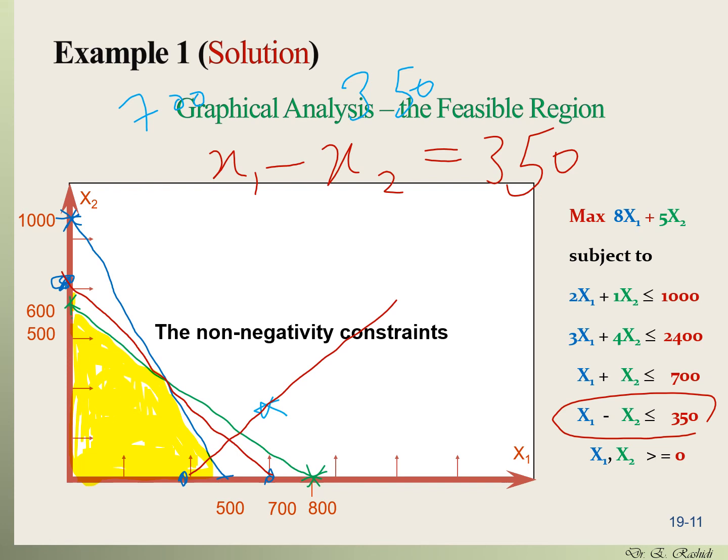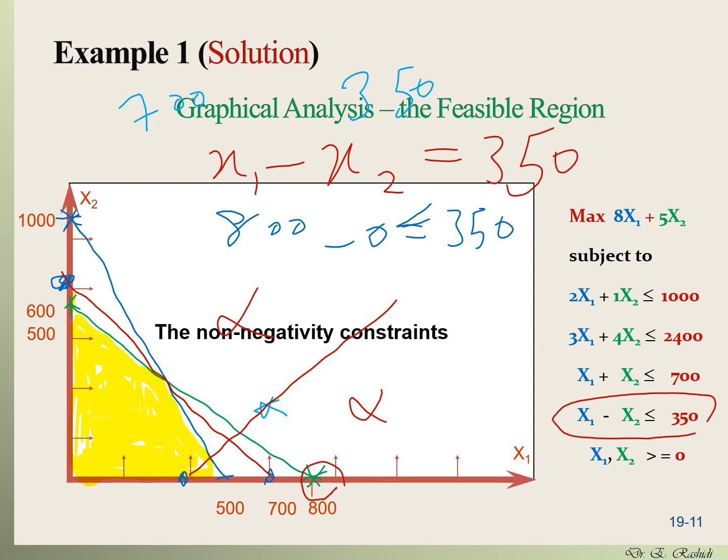All right. Now I have to check whether the feasible space for this constraint is on the right side or on the left side. Let's take this point again: x1 is 800 and x2 is 0. Is 800 less than 350? It's not.